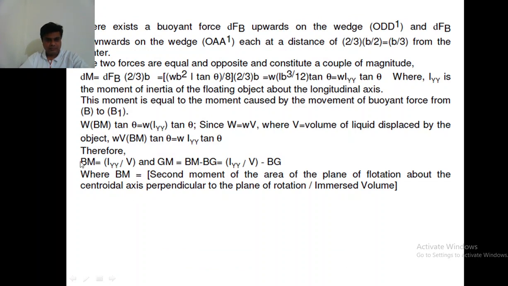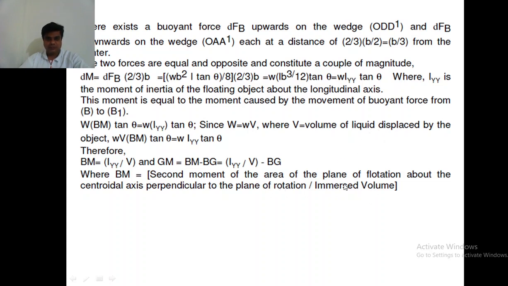BM is the length from the metacenter to the center of buoyancy, and it is nothing but the moment of inertia along the y direction, the longitudinal axis, divided by the volume of the liquid displaced by the object.